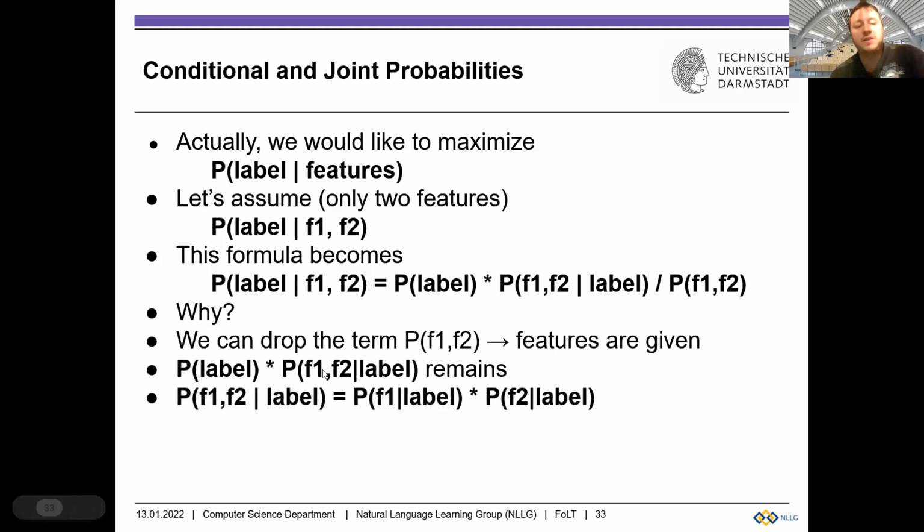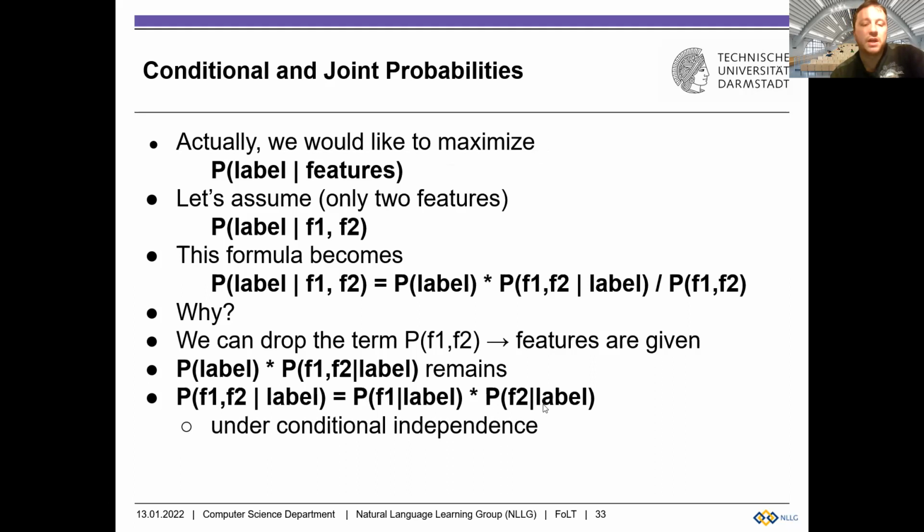Now the naive Bayes assumption is this conditional independence assumption that feature 1 and feature 2 are independent of each other given the label. So under this independence assumption, we have this equality: P(F1 and F2 given the label) equals the probability of F1 given the label times the probability of F2 given the label.